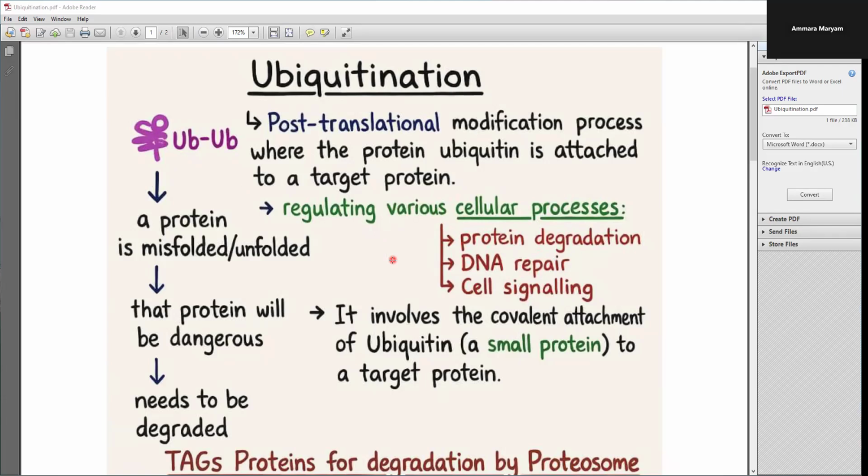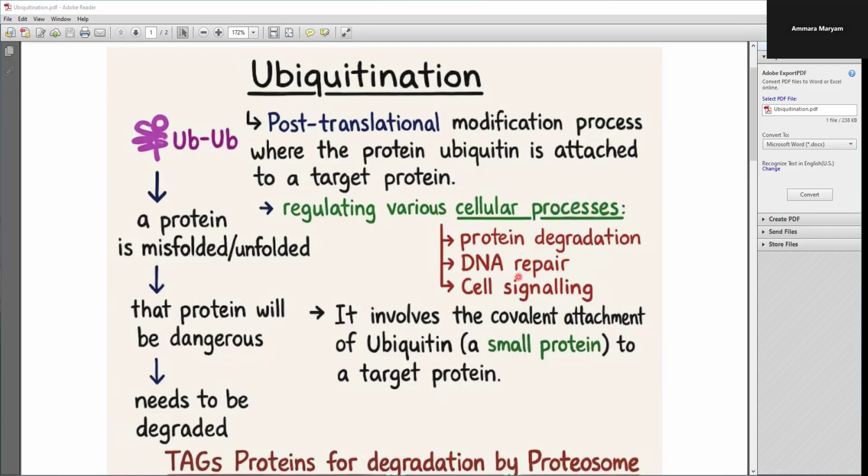Now this process of ubiquitination plays a very important role in the regulation of various cellular processes. First of all, it is protein degradation. The protein that is damaged and needs to be degraded, this process is very important for that. Next, it's also very important for DNA repair.